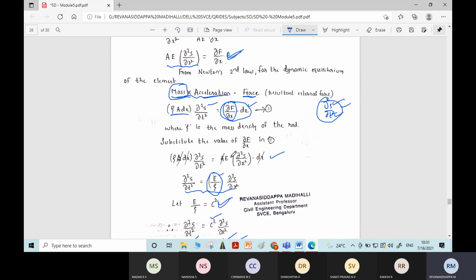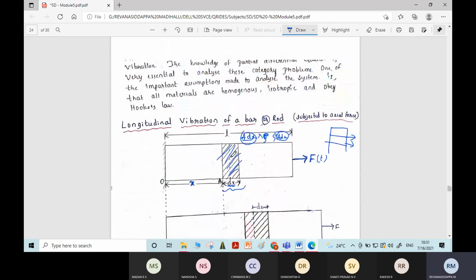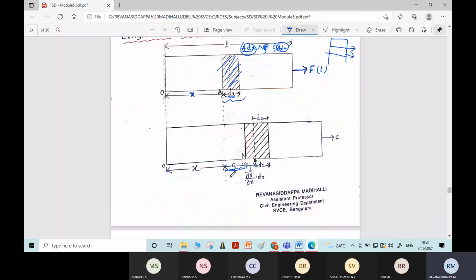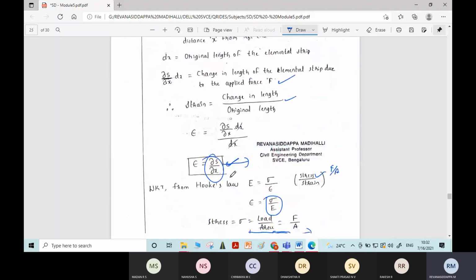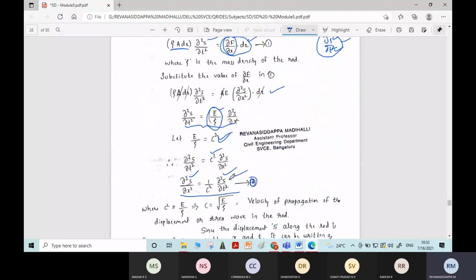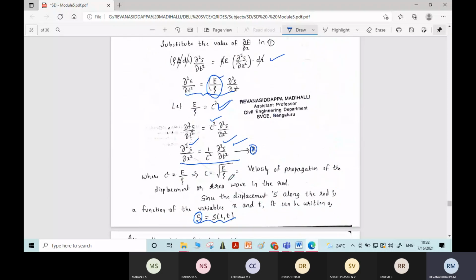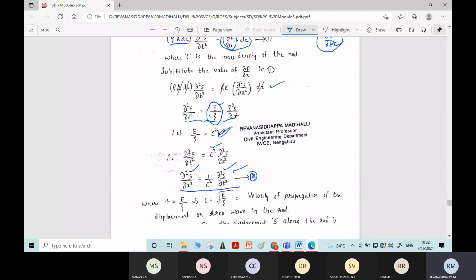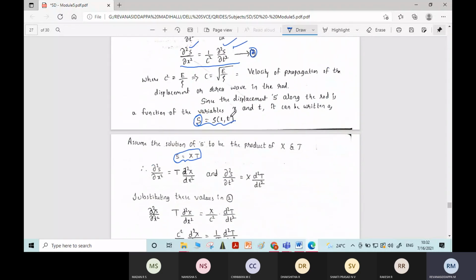The displacement of the elemental shape depends on two parameters: one is the distance of the element from the support, x, and the other is time. Therefore, as s depends on x and t, the solution will be s equal to x into t.